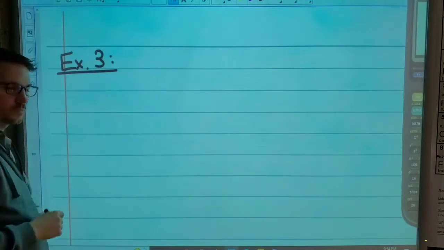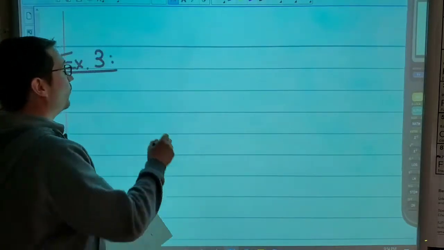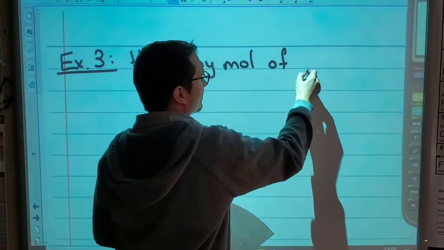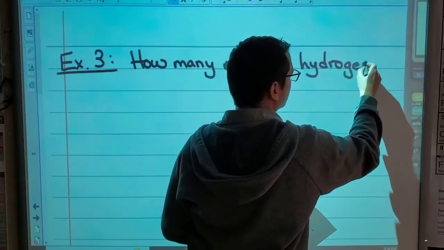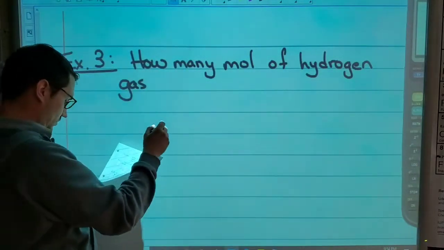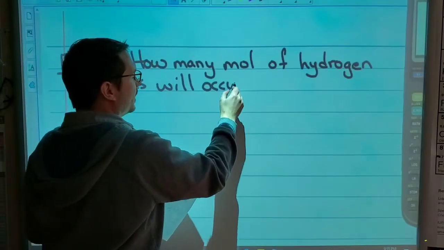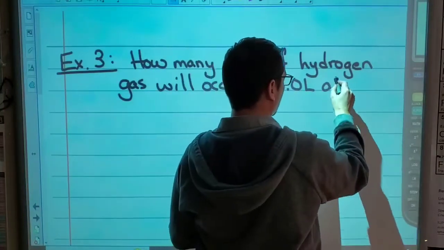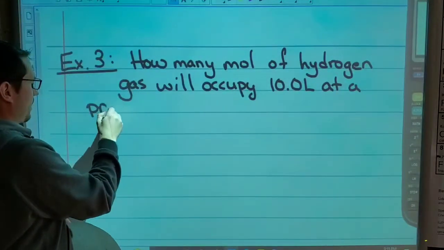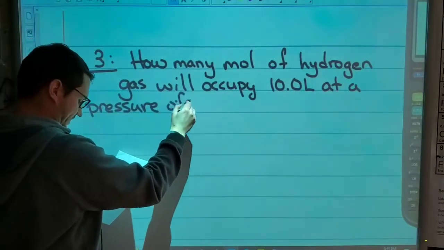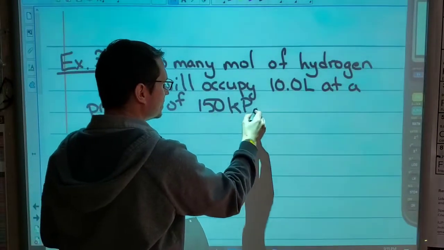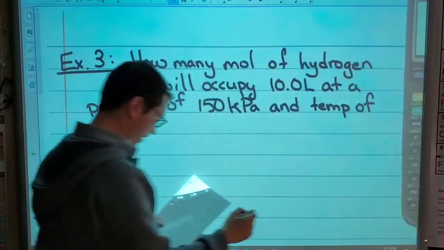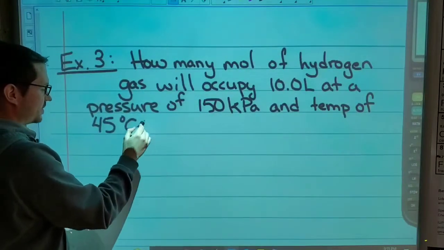Example number 3. How many moles of hydrogen gas will occupy 10.0 liters at a pressure of 150 kilopascals and a temperature of 45 degrees Celsius?